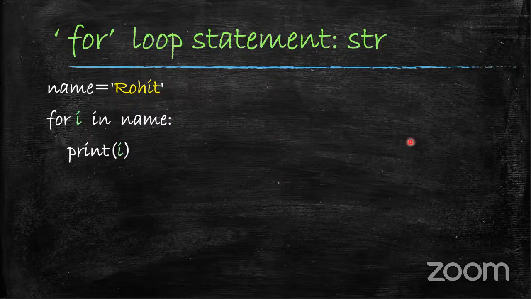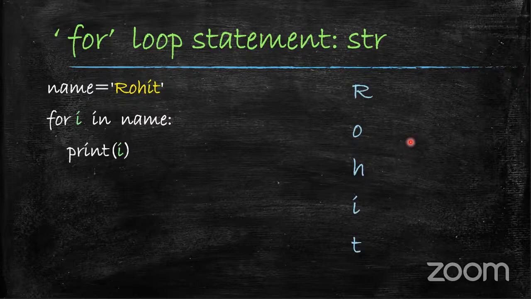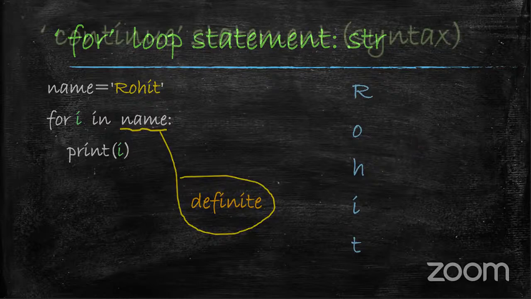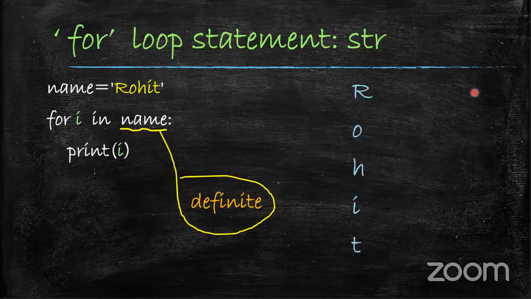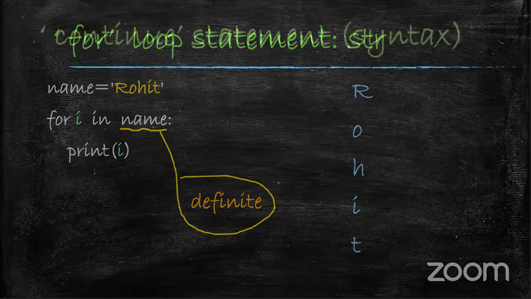So it will take R, O, H, I, T and everything is printed. This is clear to everyone? Now here the name itself is definite, because we have already defined the sequence of characters in the form of a string.